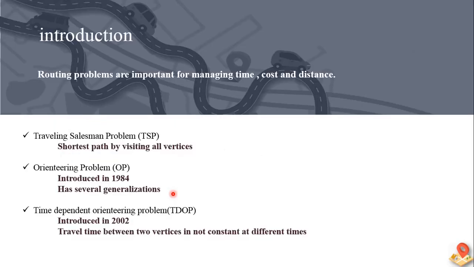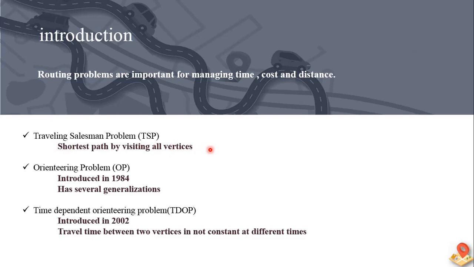Today, with the growth of cities, transportation plays an important role in real-world problems. Therefore, routing problems are important for managing time, cost, and distance. In some routing problems, such as TSP, the goal is to find the shortest path by visiting all vertices.